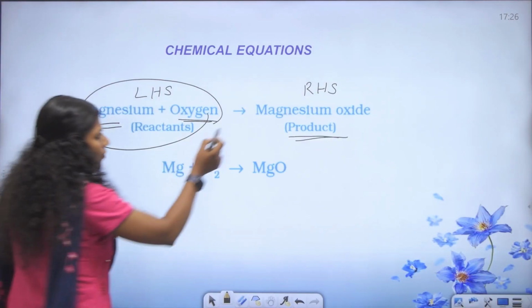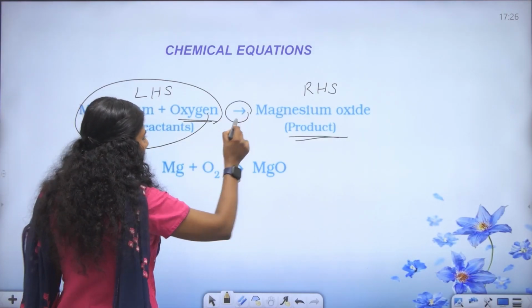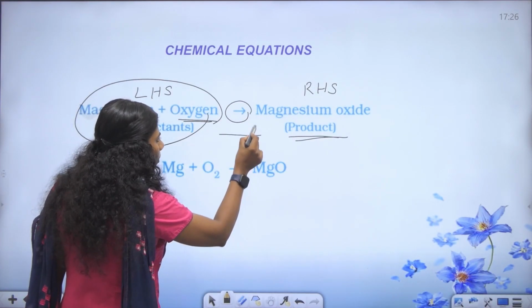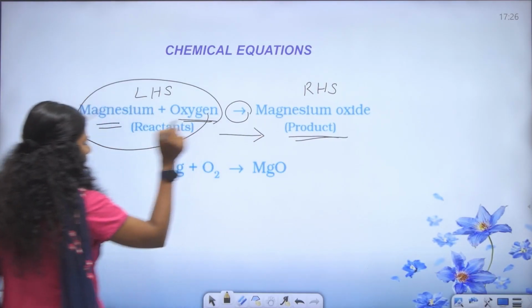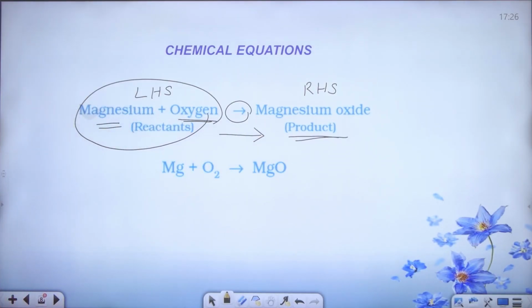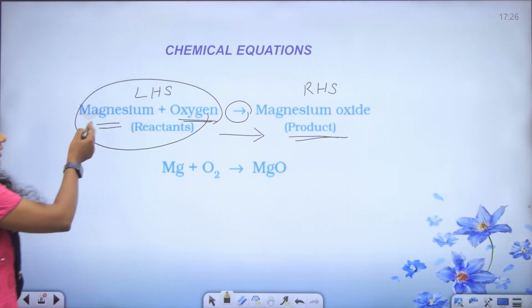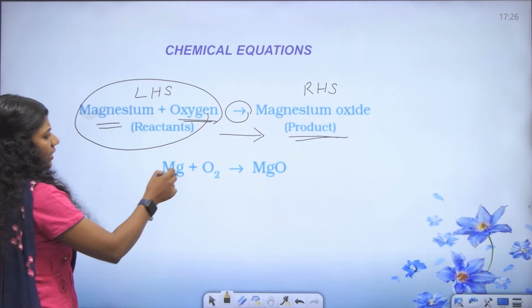The arrow mark points towards the product side. Okay, is it clear? Reactants are written on the LHS and products on the RHS. The arrow points to the product side. This is the word equation.